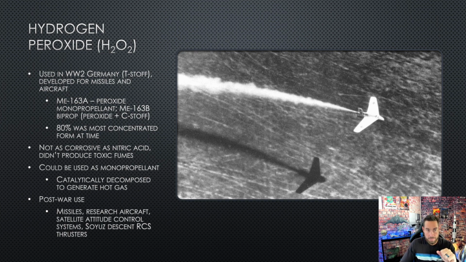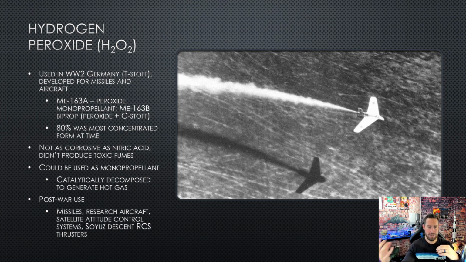So they start off with the ME-163A, which used peroxide as a monoprop. The ME-163B used a bipropellant system, so that's where they took peroxide, and then this other liquid called C-Stoff. C-Stoff was another one of the stoffs, but it was a hydrazine-based fuel that had 30% hydrazine.